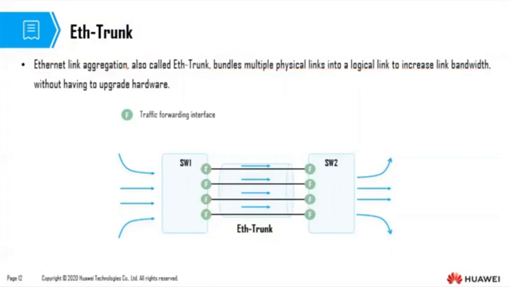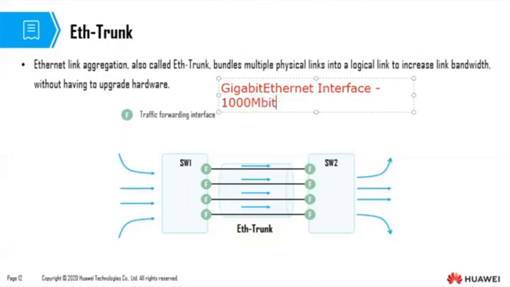So we want to understand how that is done. Please, let me insist on this: anytime we are talking about a gigabit Ethernet interface, or that particular speed, we mean it is able to process at 1,000 megabits per second, right?